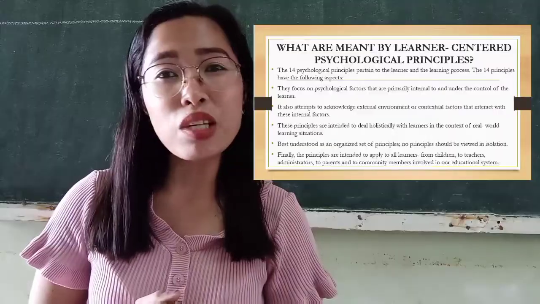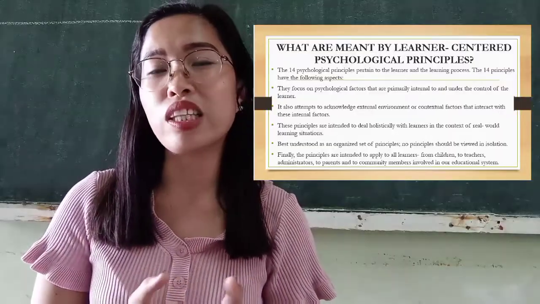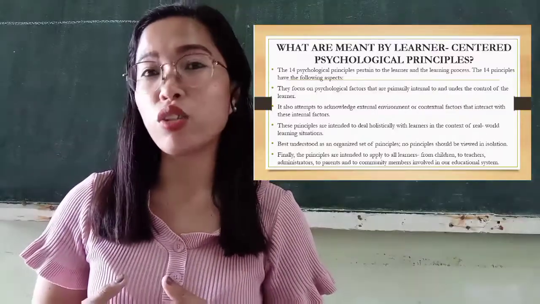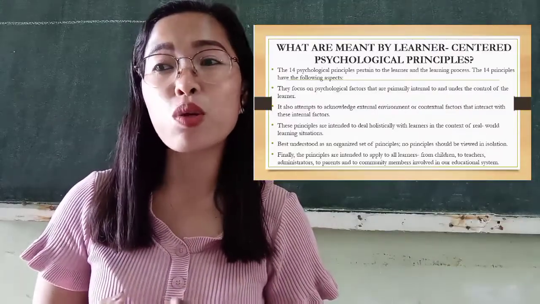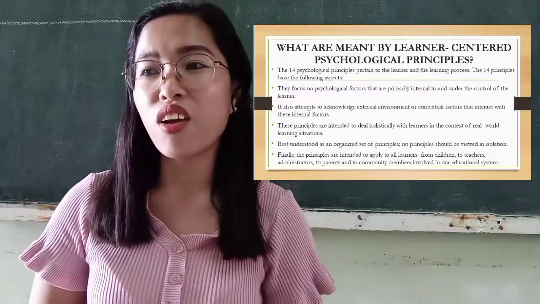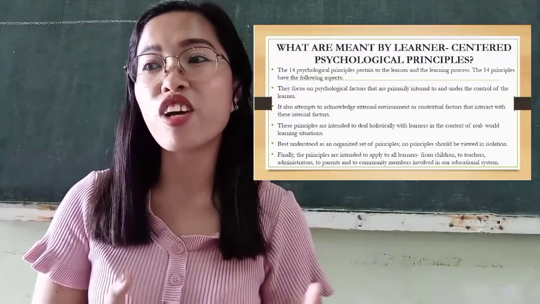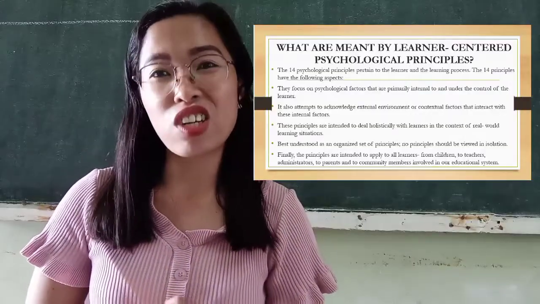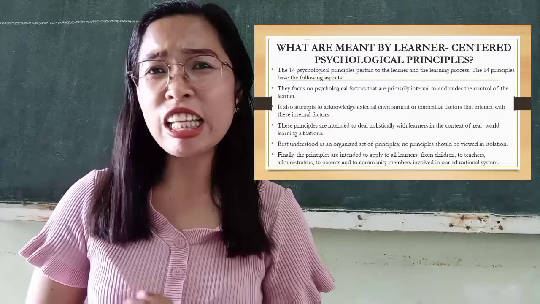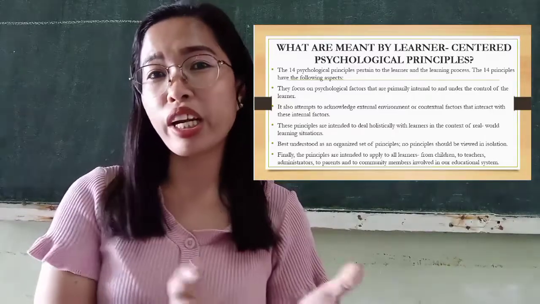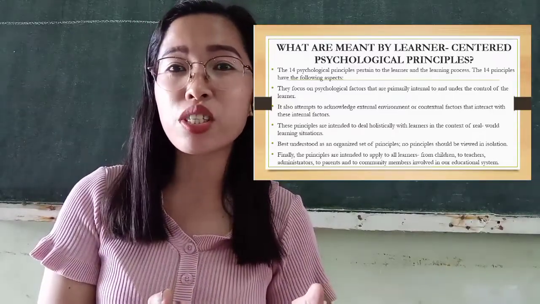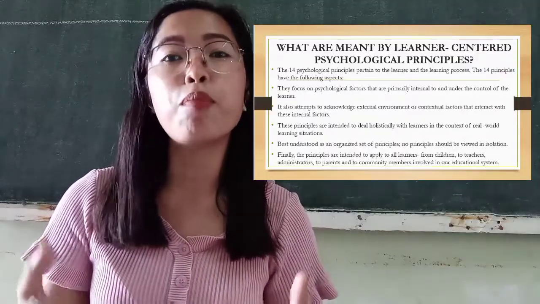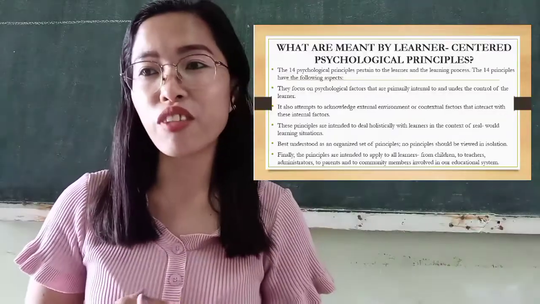So the 14 principles do not only focus on the internal factors, which are in the control of the learners, but also acknowledge the external factors, especially environmental and contextual factors that interact with these internal factors. Class, it does not focus merely on the control of the learners, but also acknowledges the interaction of both the internal and external factors.